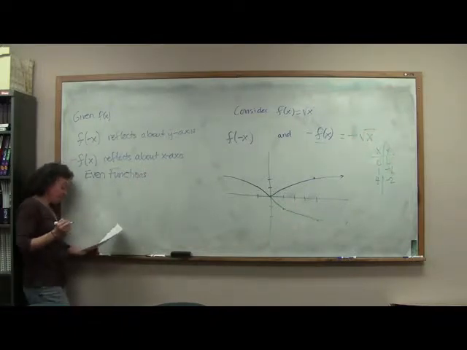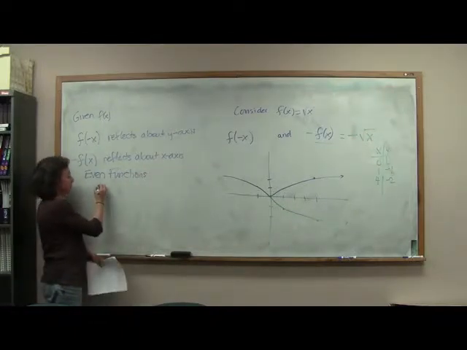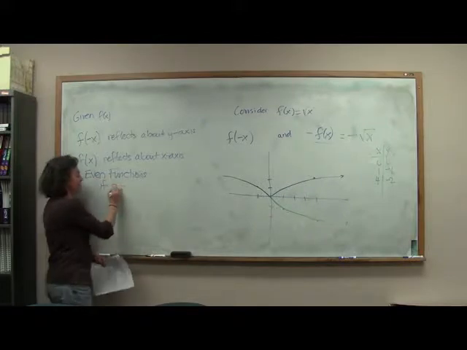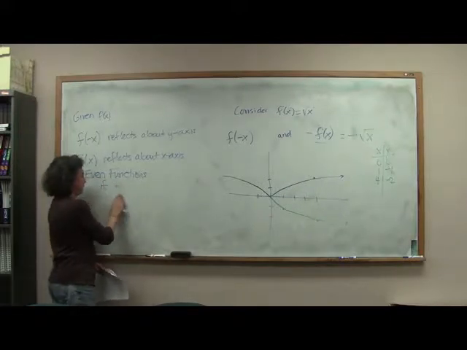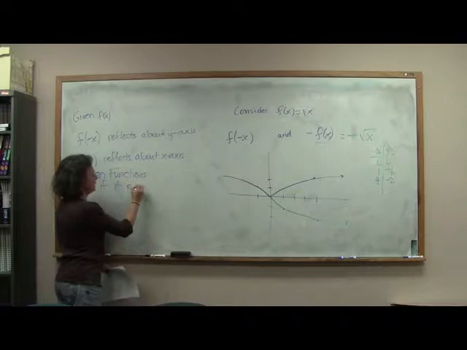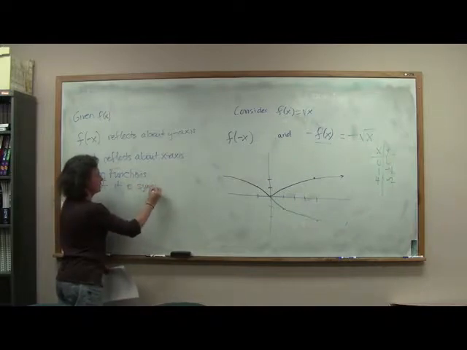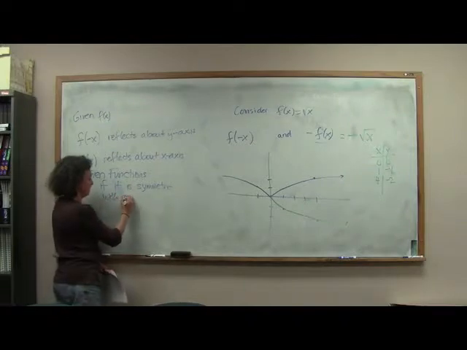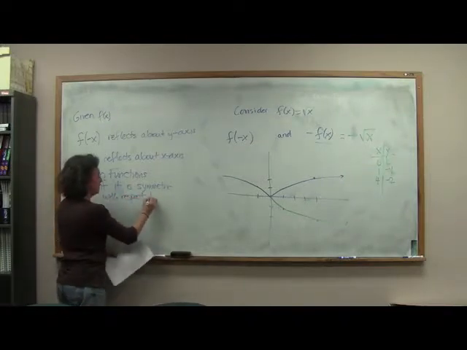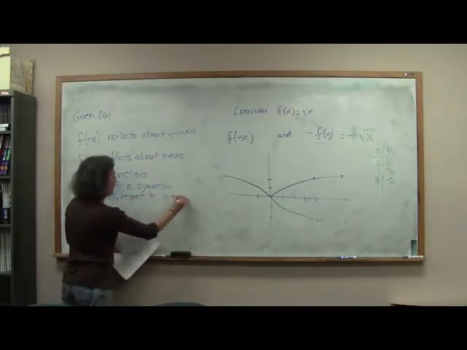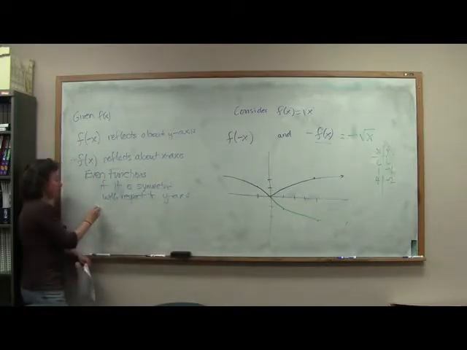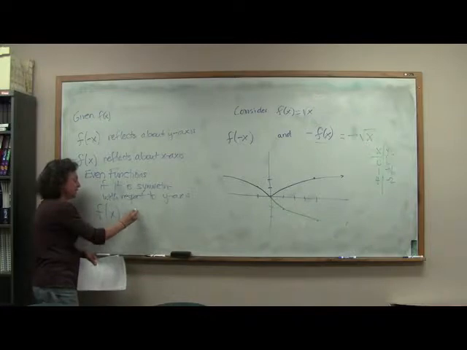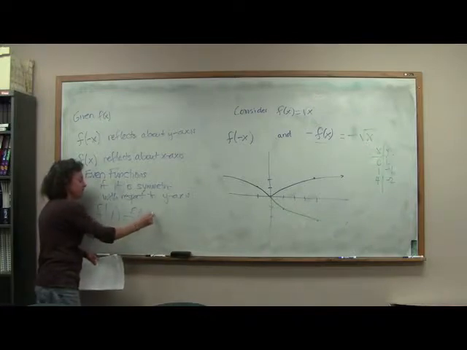And we say that a function is even if it is symmetric with respect to the y-axis. In other words, f of x is equal to f of negative x.